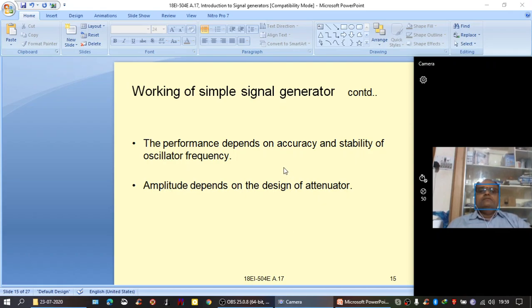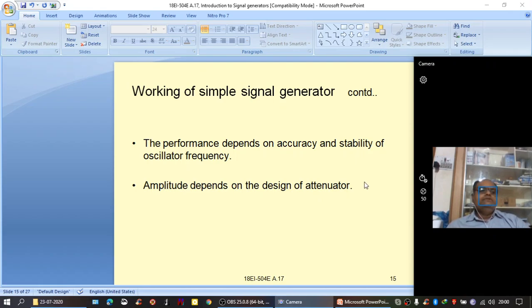The performance of the signal generator depends on the accuracy and stability of oscillator frequency. This we discussed in the beginning itself. The requirement on any signal generator is that the frequency should be known and should be stable. Then amplitude depends on the design of attenuator.